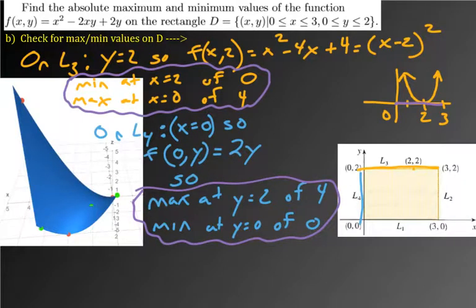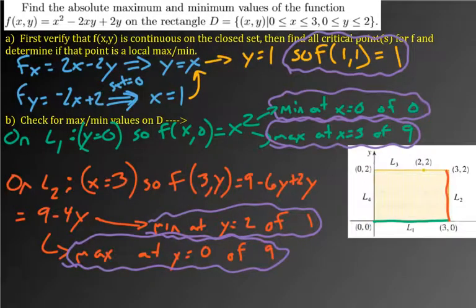So, the question was find the absolute max and min values of the function. And we never got below 0. Oh, I thought I had this thing on. We never got below 0, right? We got it a few times, here. And we never get above 9.